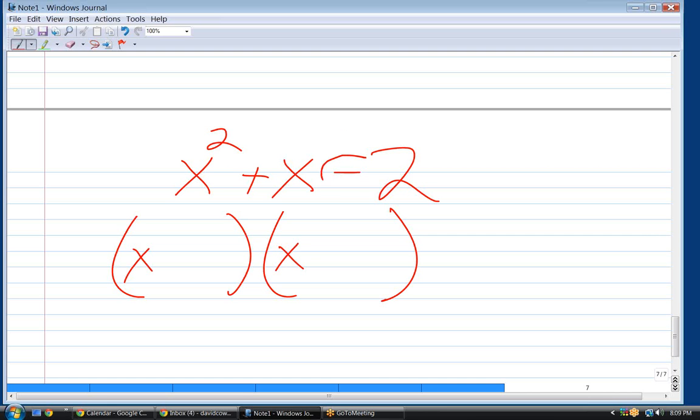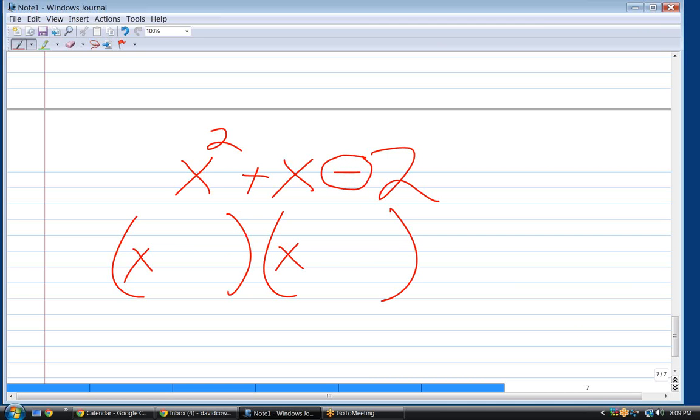We look to the sign on the constant. The constant is 2, right? Right. The sign on that constant is negative. Well, the fact that that's negative means what? What do these two signs have to be? If they were both negative, this would be positive.